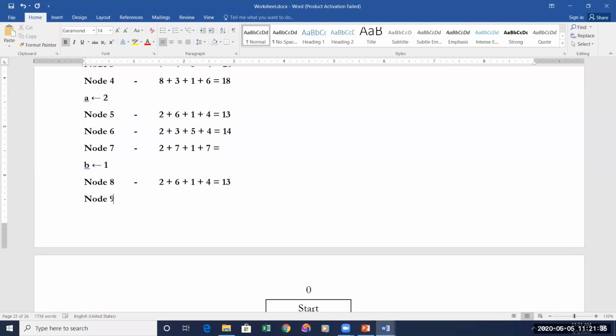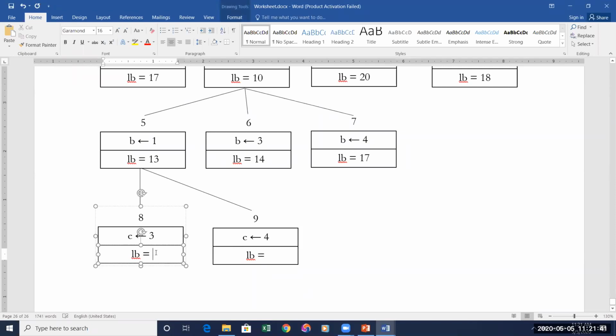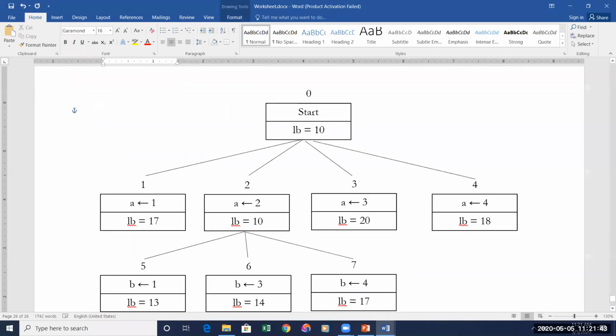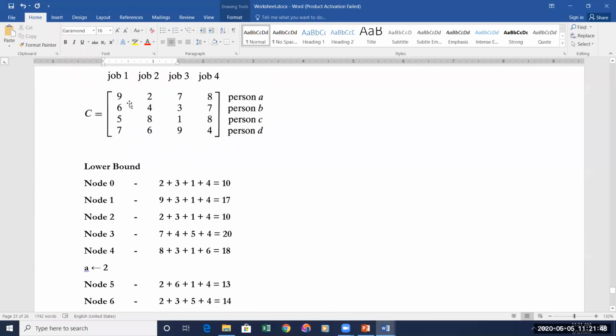Similarly for node number 9. C can be allotted with job number 4. 2 and 6 are common because 2 is allotted for person A, the 6 cost is allotted for person B, and for person C, the second option, 8 is allotted. If 8 is allotted, what is allotted for person D?